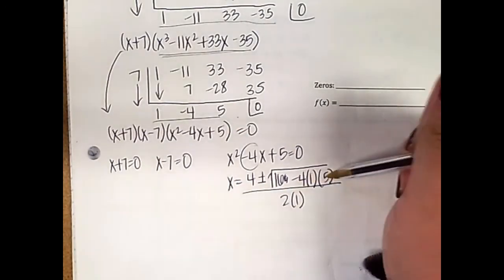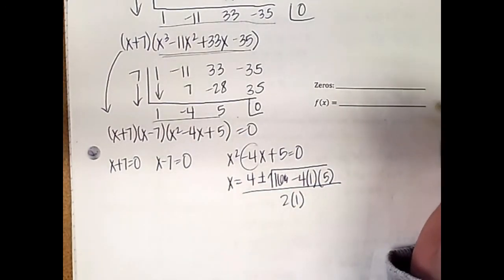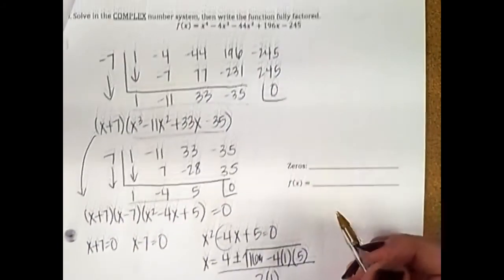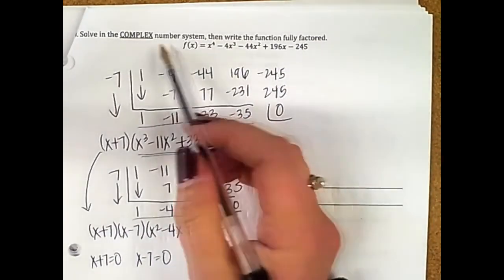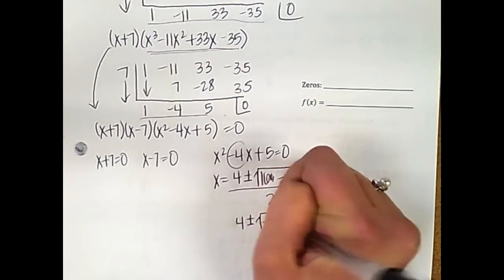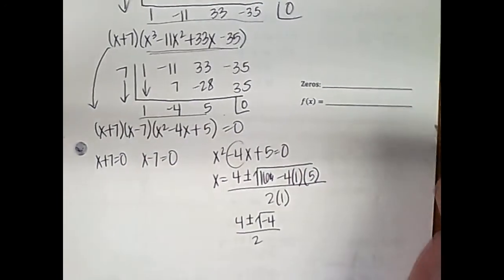And so 4 times 5 is 20. 16 minus 20 is negative 4, which we expected because the problem said solve in the complex number system. So we get the square root of negative 4 all over 2.